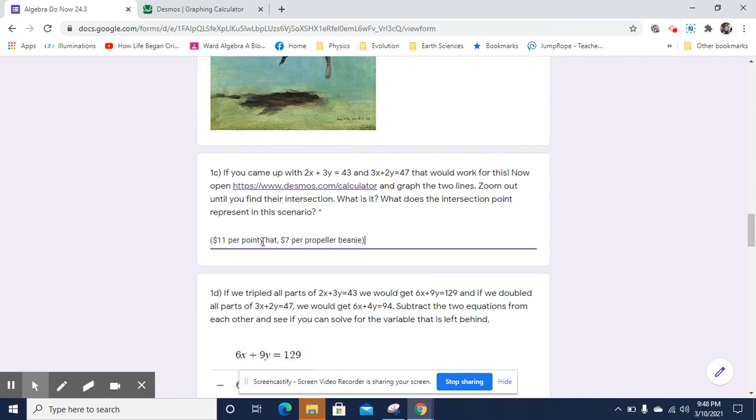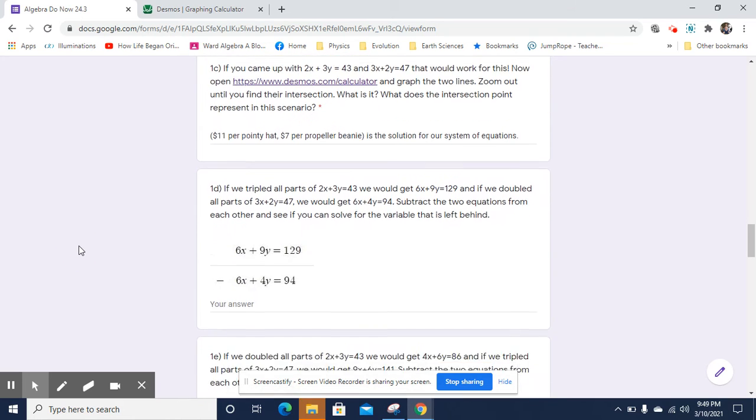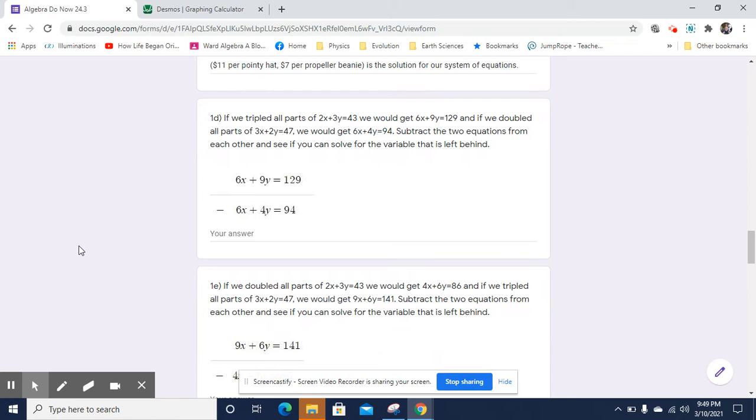So, okay, we get that. And that is the solution for our system of equations, because that's the point, that's the x, y values that make both equations true.